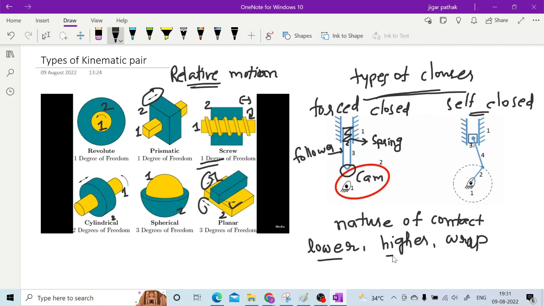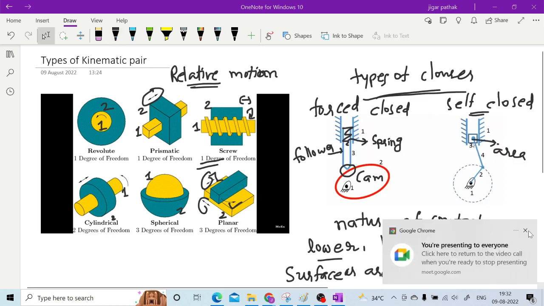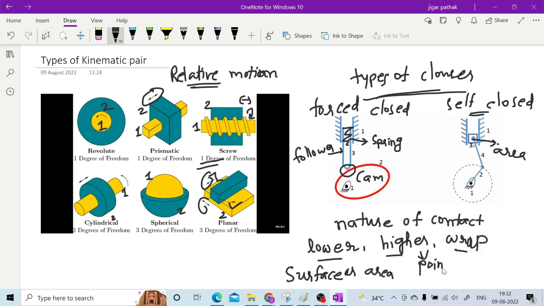And whenever you are having any point or line contact, then it can be considered as higher pair. Where you find this?